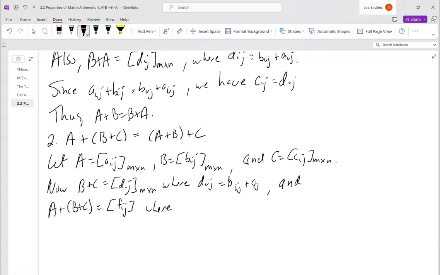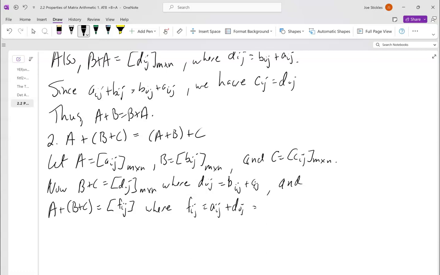Now, notice that at any particular stage here, I'm only adding two matrices together. So working with just A and treating B plus C as a single matrix, how would you define your F sub ij? Good, yeah, the A sub ij plus the D sub ij, right? Adding those entries.